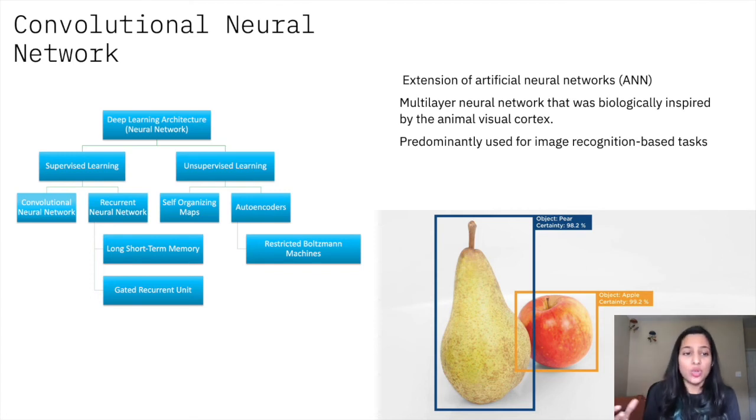So it's an extension to artificial neural network, as you see in this diagram over here. It falls under supervised learning, right? Here's where CNNs are. So here's the realm of what we're going to be exploring. Yeah, so let's get going.